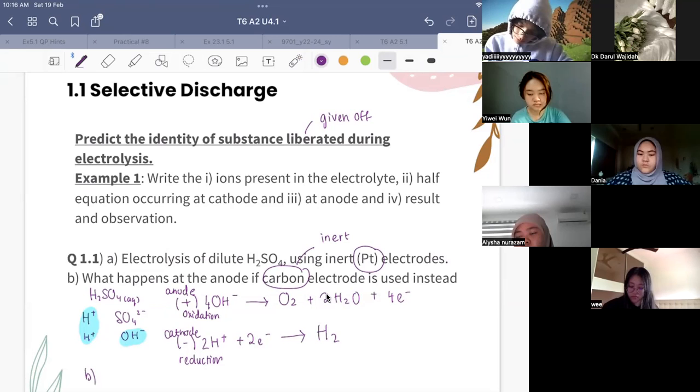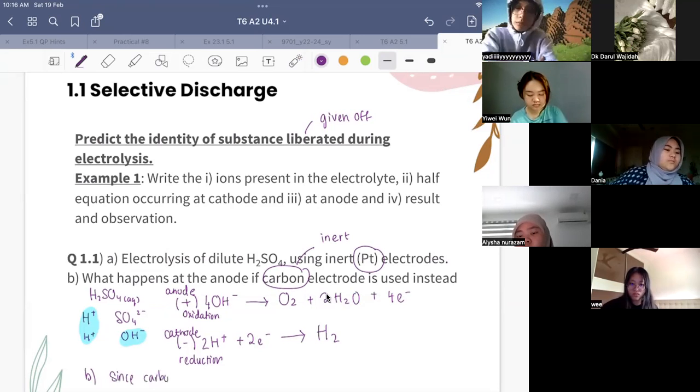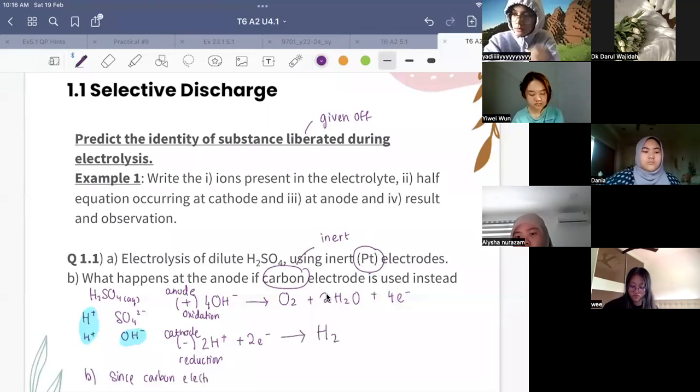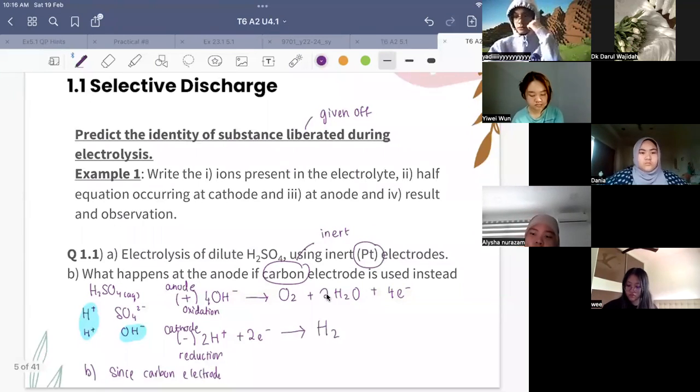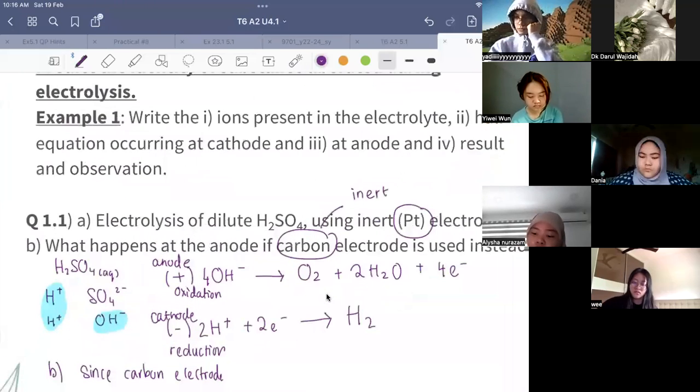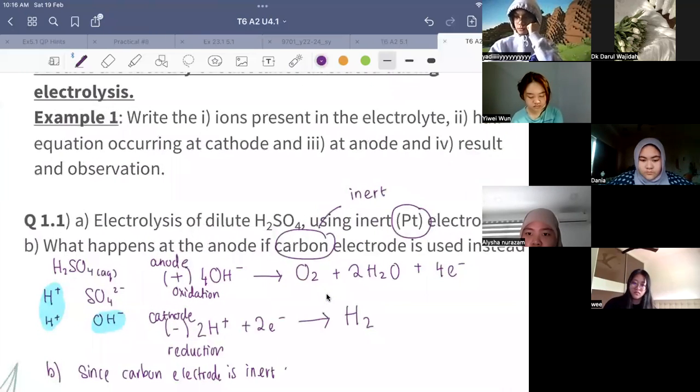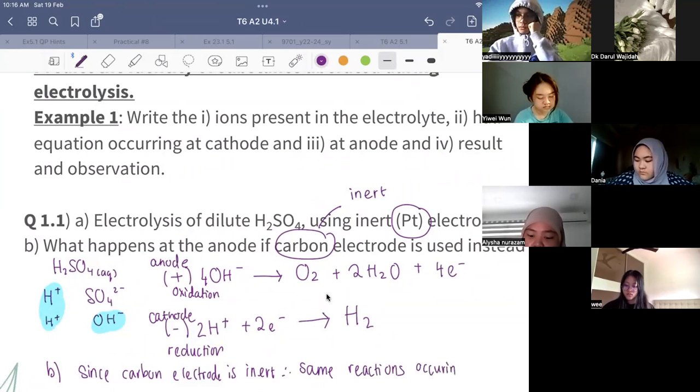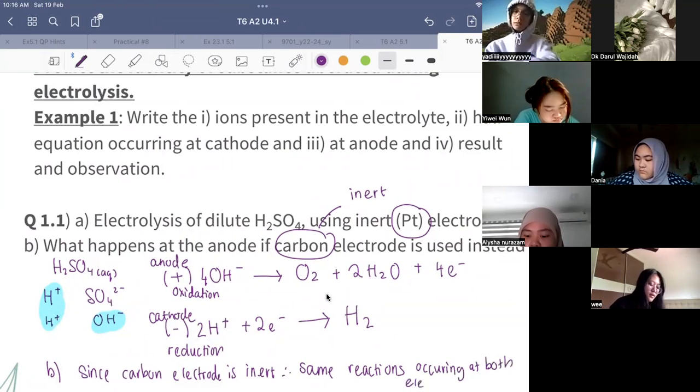Since the carbon electrode is inert like platinum, the same reactions occur at both electrodes. So there's no difference there.